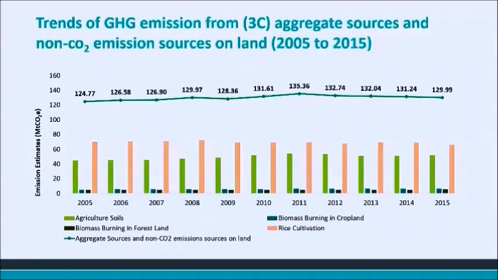India, as you all know, is among the largest rice producers in the world. Per acre fertilizer use in India is still fairly low, but it's been rising, and therefore there is a slight growing trend of emissions from the agriculture soils. But in general, it's a fairly flat picture.